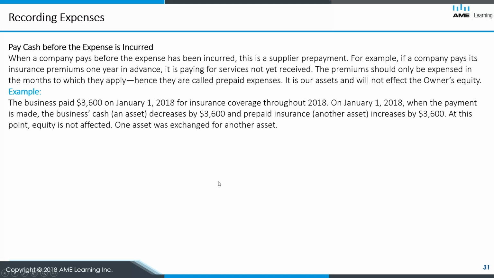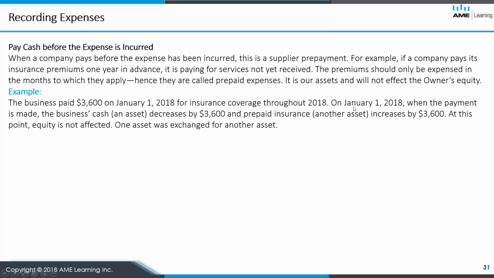Sorry, I do my math in my head. So we can deduce just from this information that the insurance, if we were to spread that out over the 12 months, is $300 per month. So we're going to record an expense for $300 every month and reduce this prepayment eventually.